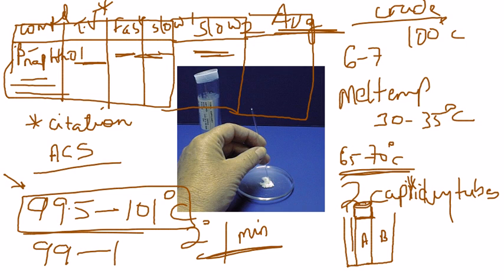So let's say you did the slow reading once, and that came out to be 99.5 to 100, and the second one came out to be 99 to 101, suppose. Okay, now average does not mean that you're going to take an average of the low and the high.